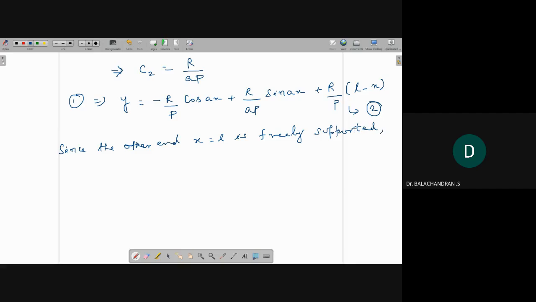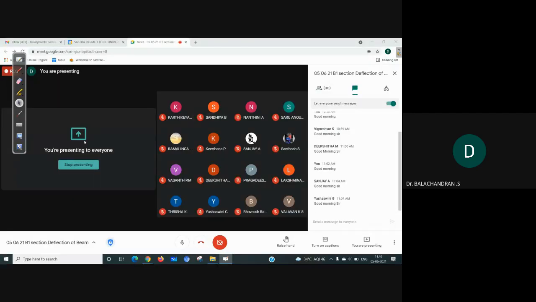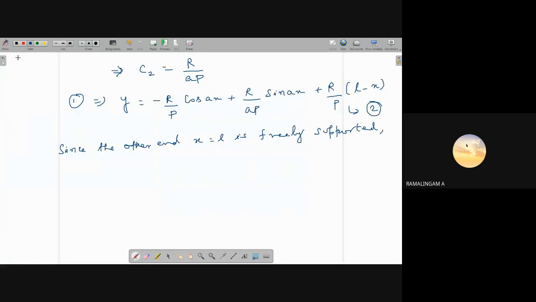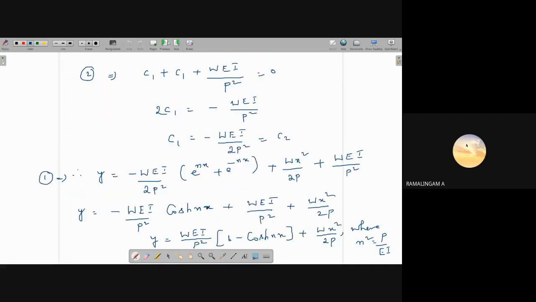So if it is freely supported, can anyone tell what is the condition? Ramalingam? Is Ramalingam there? Yes, sir. If you know, you can tell, otherwise no problem. Y double dash equal to 0 and y triple dash equal to 0. Check, Pallama. Yes, sir.